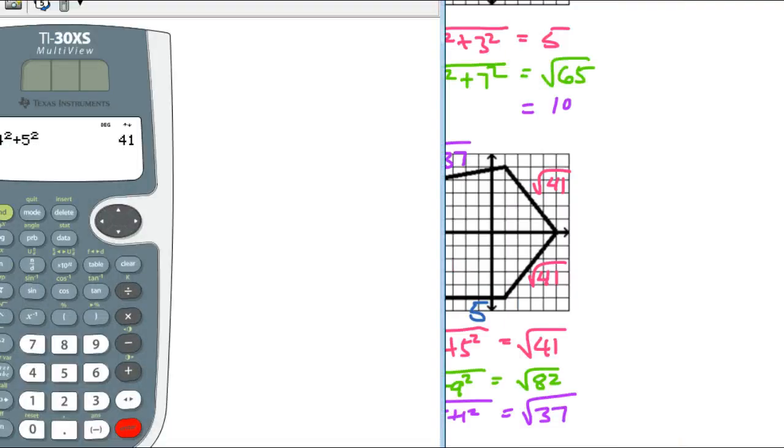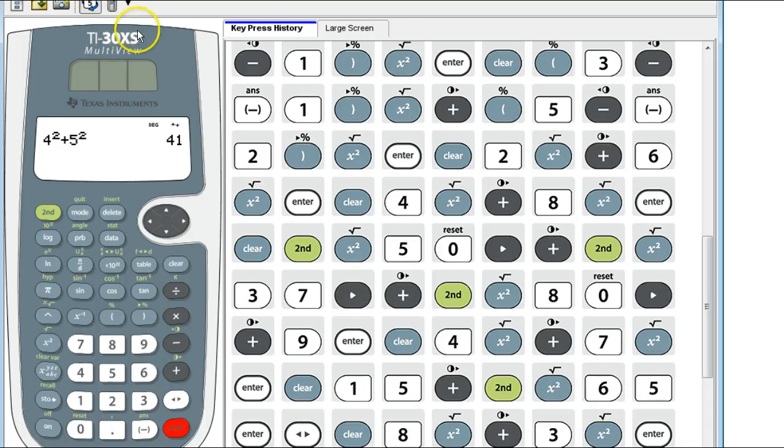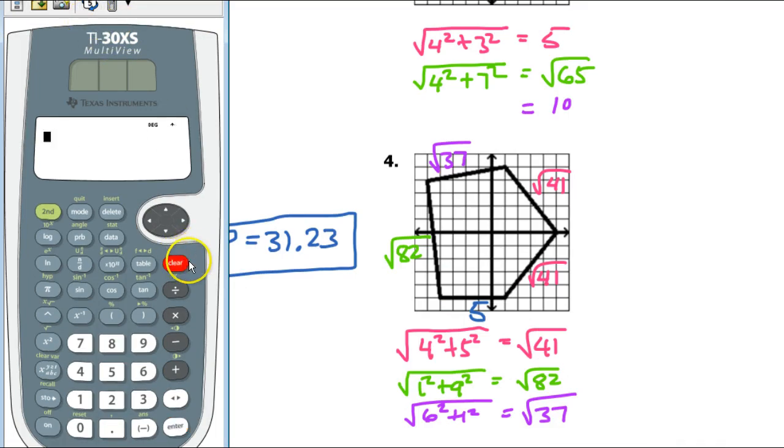I can just do 5 plus the square root of 82 plus the square root of 37 plus the square root of 41 plus the square root of 41 again. And that's it, because I started off with 5. So I get 32.94.